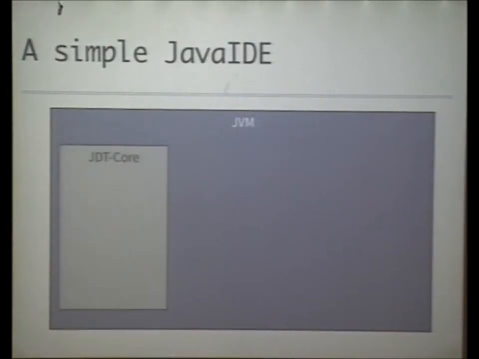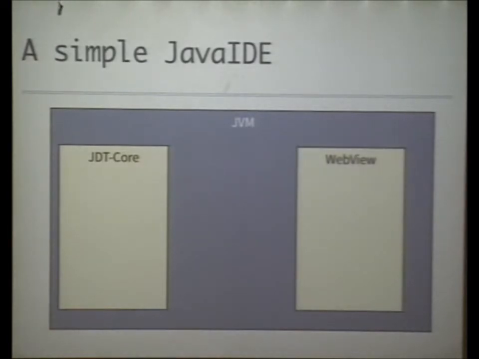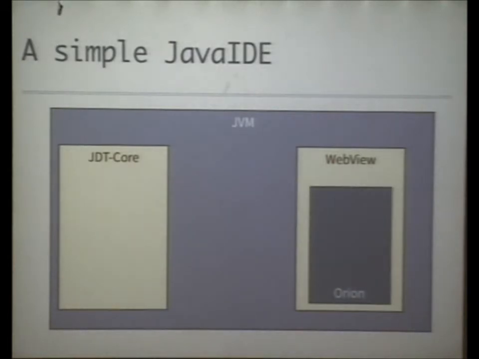From the logic that you see here, we have JDT core, the Eclipse Java compiler. On the right-hand side, you didn't notice that, but that's a browser that you saw where the editing area was, where I edited, that was a browser widget. Because JavaFX integrates something called WebView, which is nothing more than a WebKit browser running in your JavaFX application.